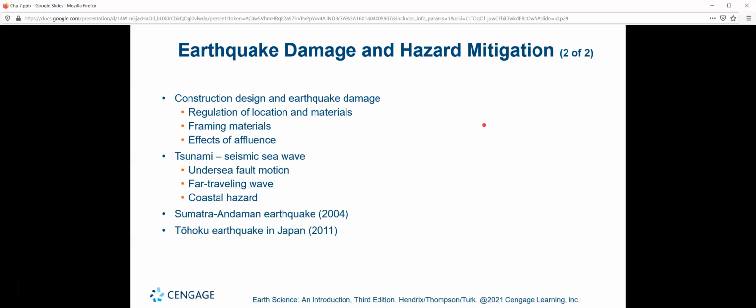What do I mean by this? Well, remember, one of the ways to scale earthquakes is energy, but another way that's probably more beneficial to us as a society is the damage they cause, right? And we will notice that you can have large, powerful earthquakes in, say, modern-day California, in America, that don't cause a lot of damage, and you could have smaller earthquakes in less developed countries throughout the world that cause massive amounts of damage.